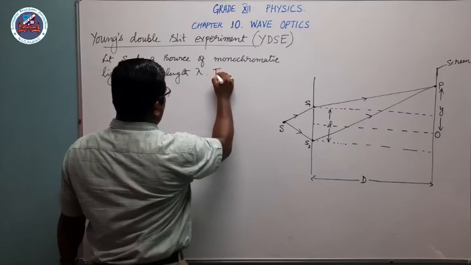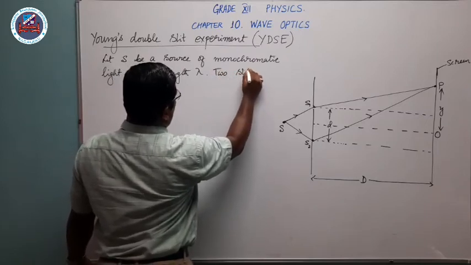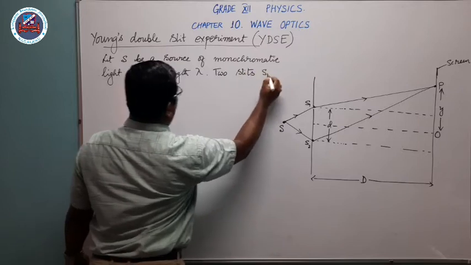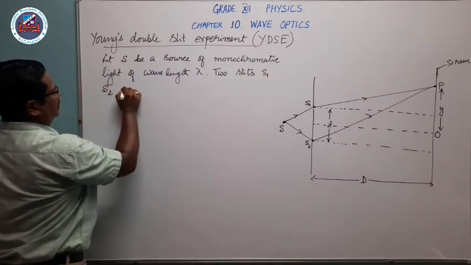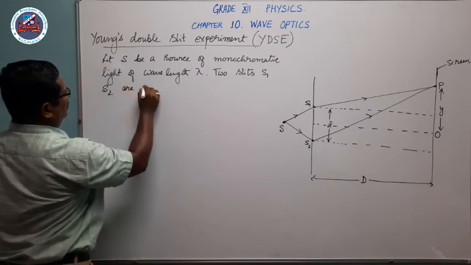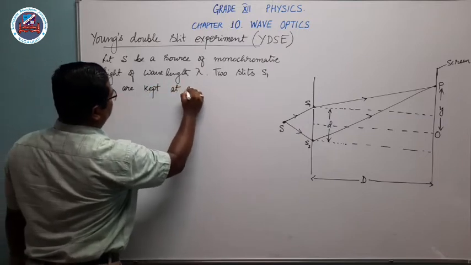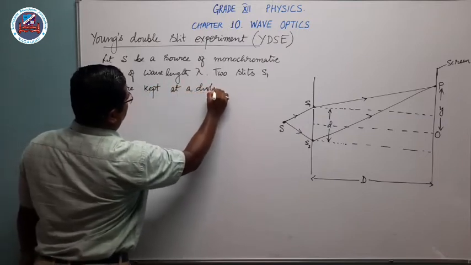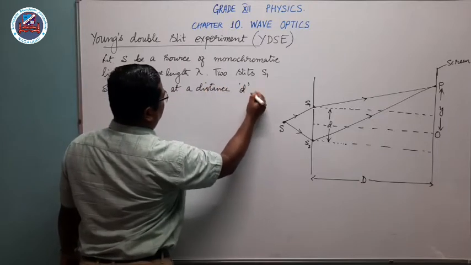two slits S1 and S2 are kept at a distance small d apart.